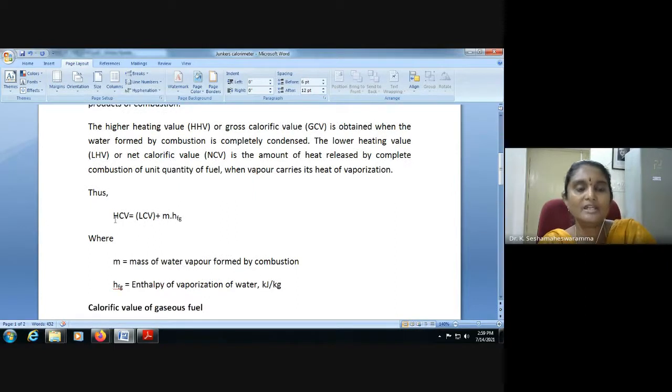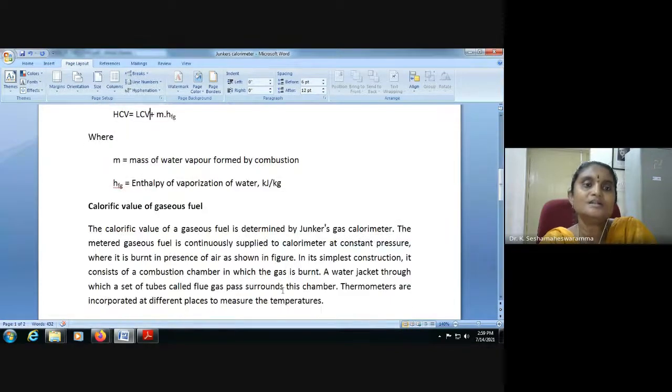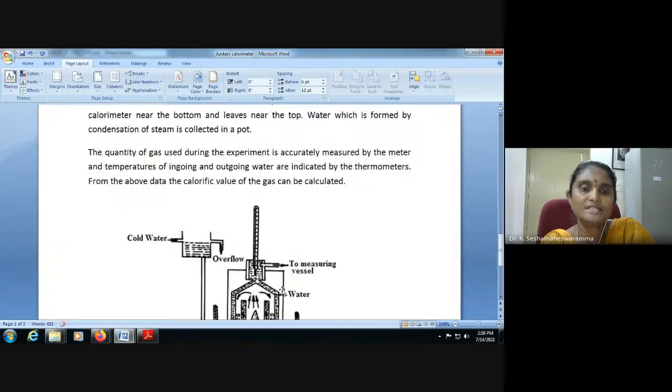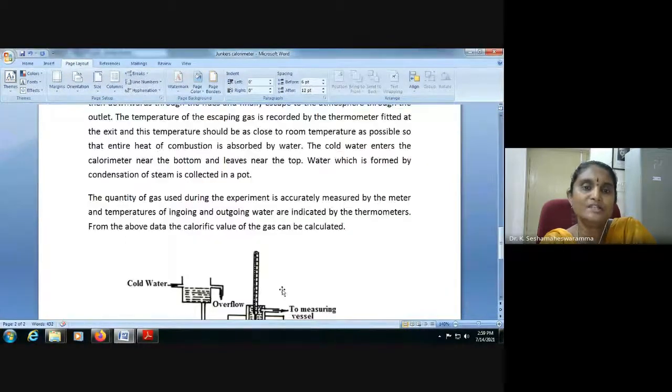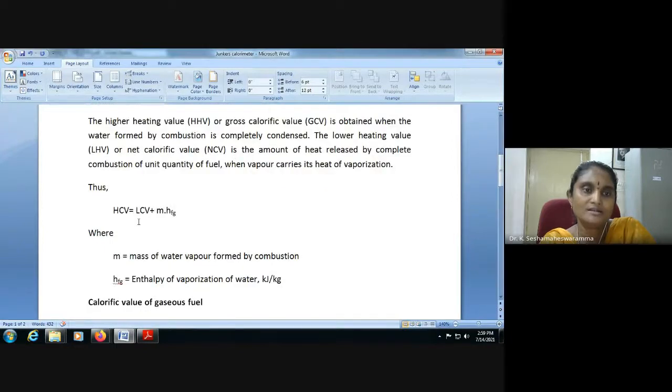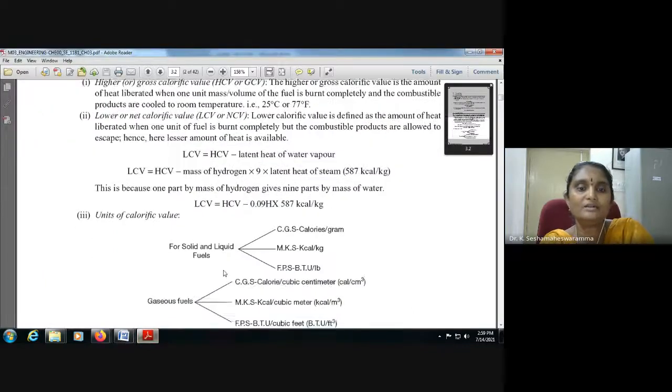Here HCV is equal to LCV plus M into H_fg, where M is the mass of water vapor formed by combustion and H_fg is the enthalpy of vaporization of water in kilojoule per kg. So the calorific value of a gaseous fuel is determined by the Jenkins gas calorimeter. With this formula you can measure the higher calorific value and lower calorific value.